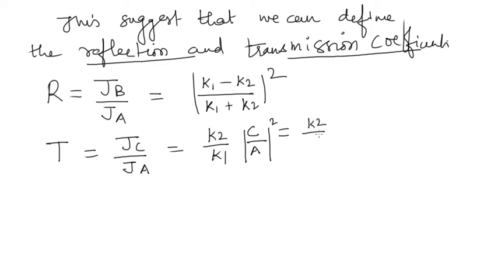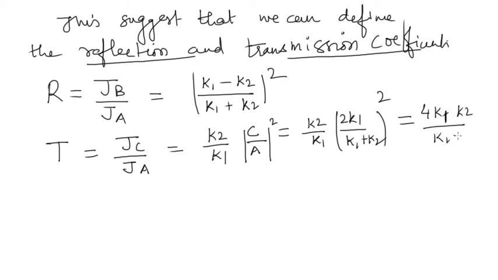So it will be k2 upon k1 times (2 k1 upon k1 plus k2) whole square. This is equal to 4 k1 k2 upon (k1 plus k2) whole square.